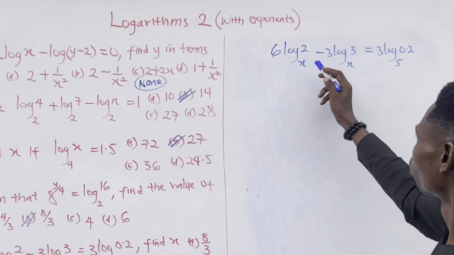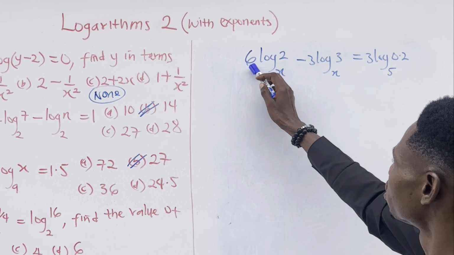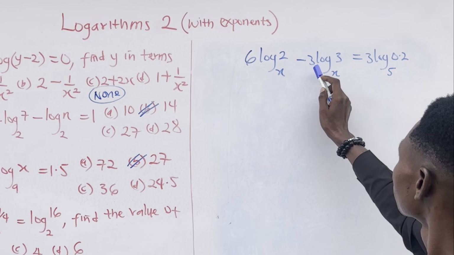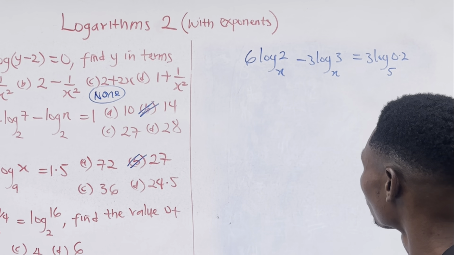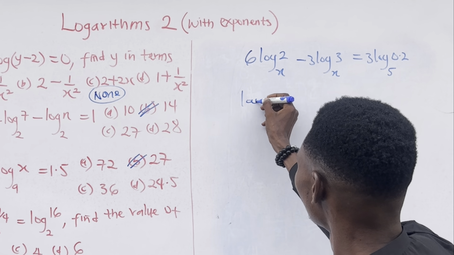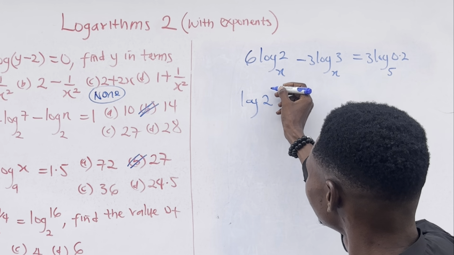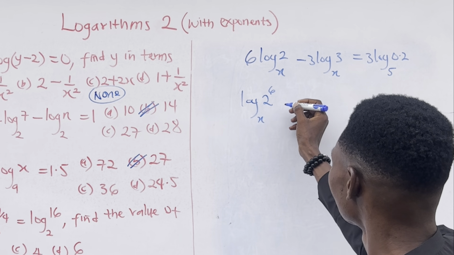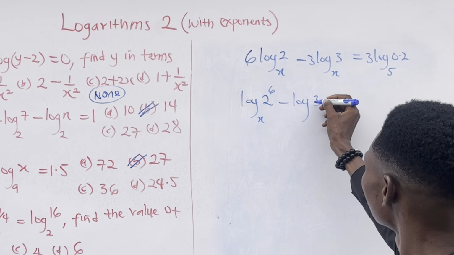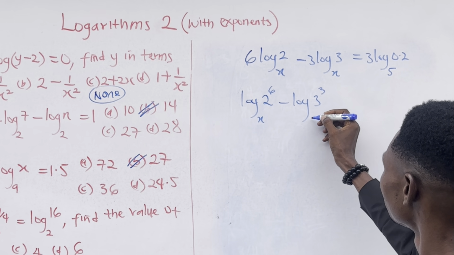Remember, when you want to combine logarithms, you have to take the coefficients up first. So this will give us log 2 raised to the power 6 base x minus log 3 raised to the power 3 base x.